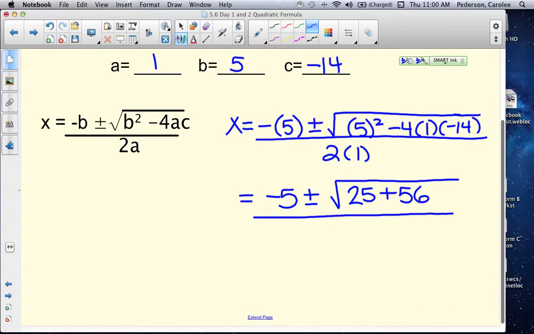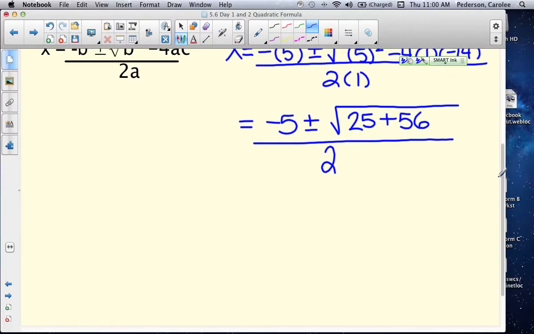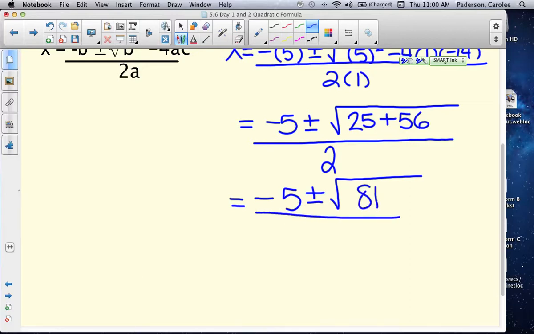Divided by 2 times 1, which is 2. Now we'll reduce again. -5 plus or minus. Underneath the radical is the radicand. We add those numbers together and we get 81. Divide by 2.